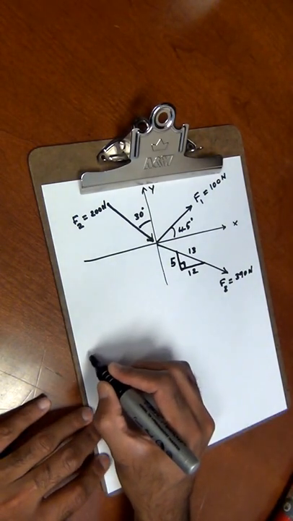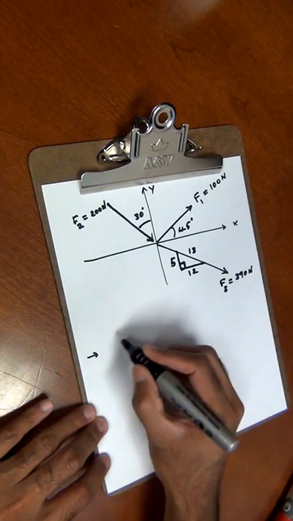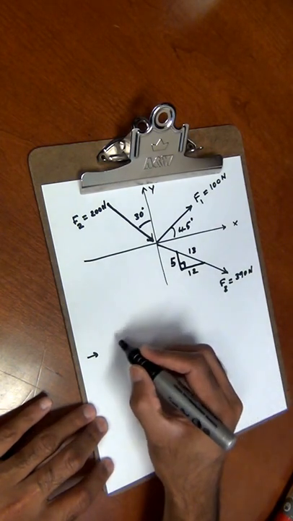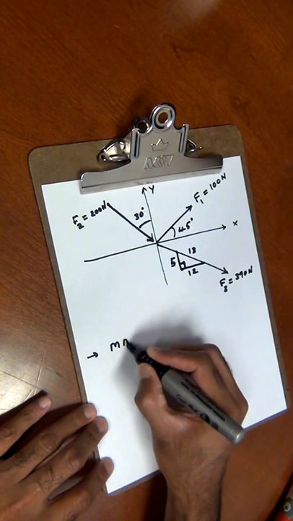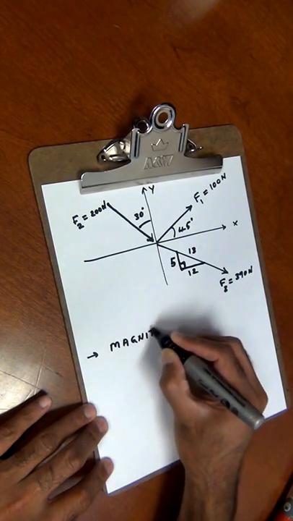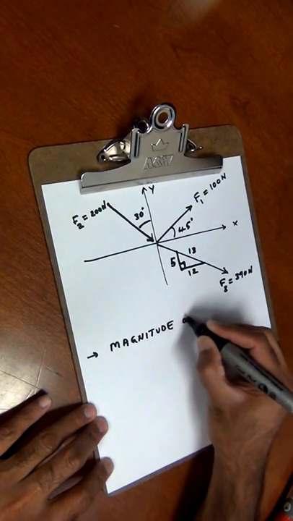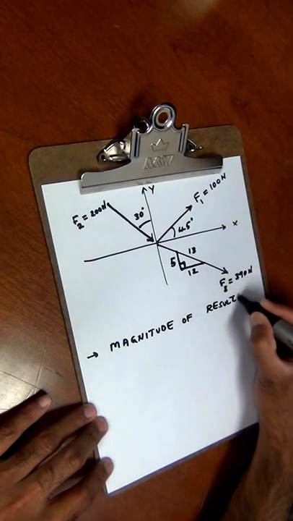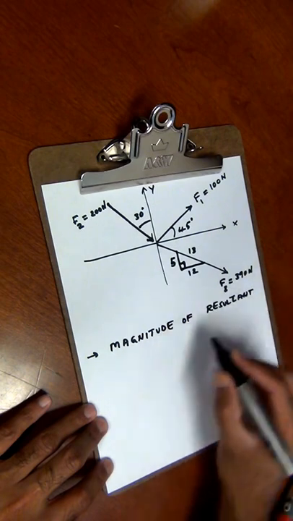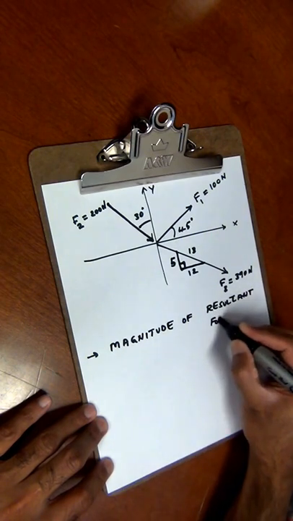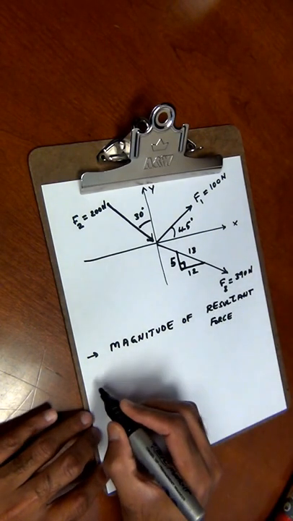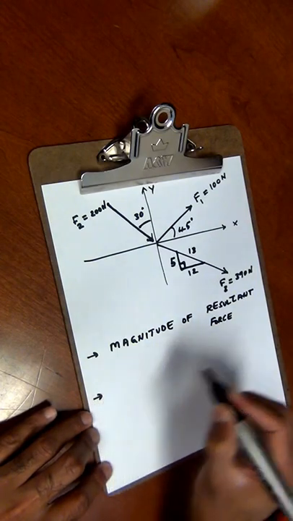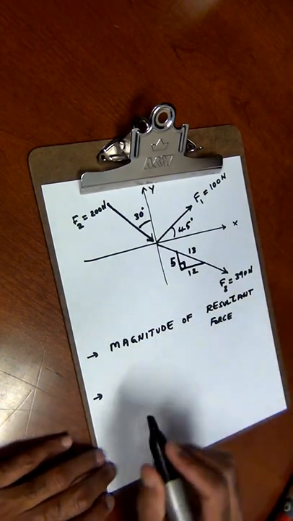We need to find out the resultant force vector magnitude, and we want to express the resultant force vector as a Cartesian vector.